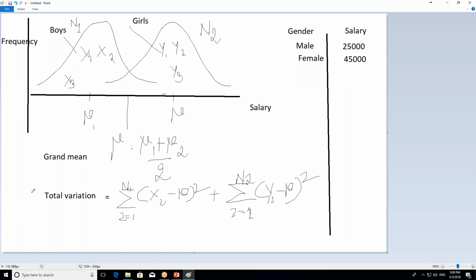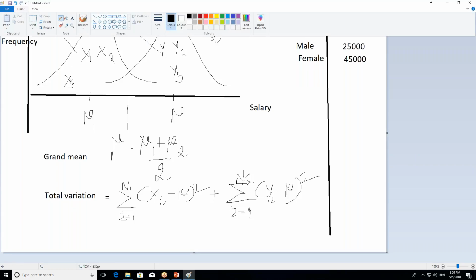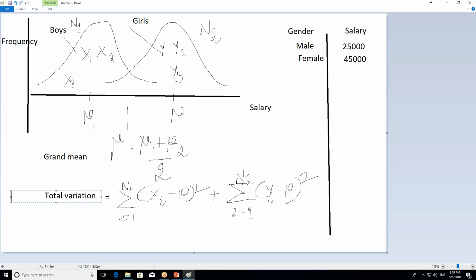So I can put it like this, right? Total variation, SSY. I got it. Now, this total variation SSY, what I can say is the variation within each group.